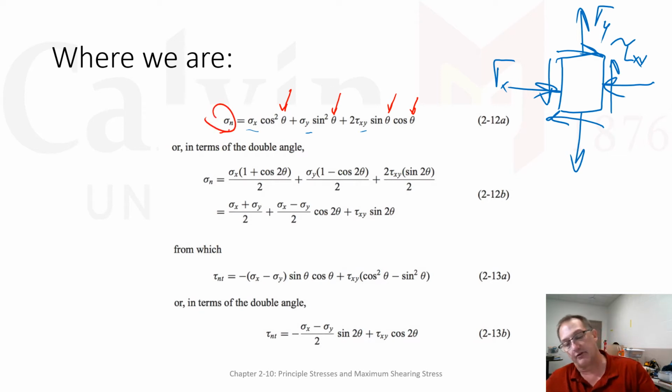And we had 2 formulations for that, this one and then the double angle. We also came up with a transformation that allowed us to get the new shear on that plane, and we had 2 formulations for that.